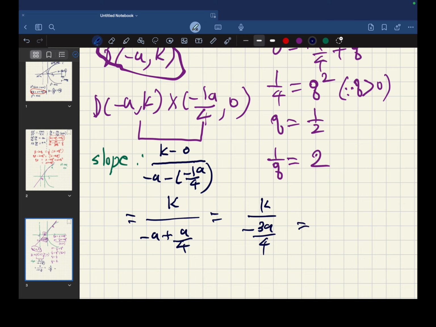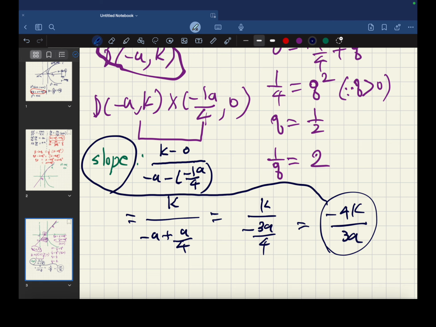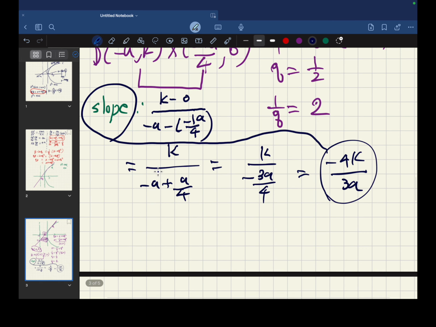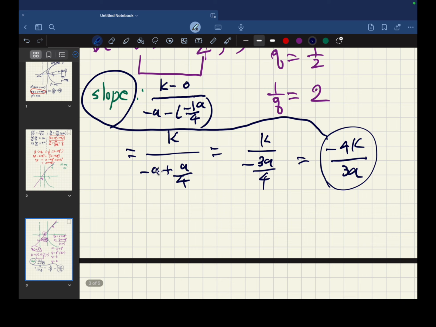It's like minus 4k over 3a, and this is the slope. This must be the slope, and the slope must be 2 here too. The value 4k over 3a should be 2.